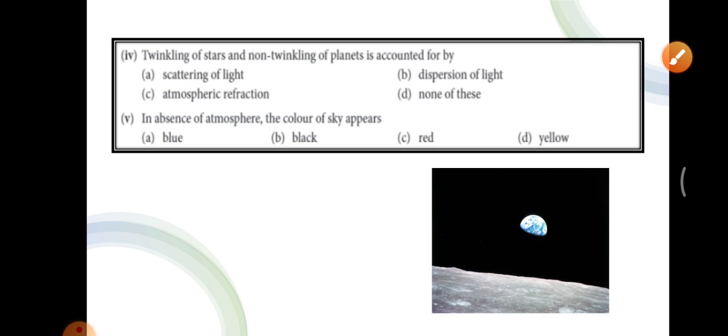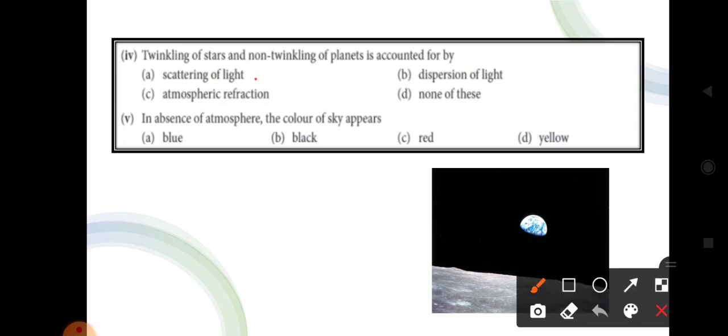The next question, twinkling of stars and non-twinkling of planets is accounted for by scattering of light, dispersion of light, atmospheric refraction, none of these. The twinkling of a star and non-twinkling of planets is accounted for by the atmospheric refraction.